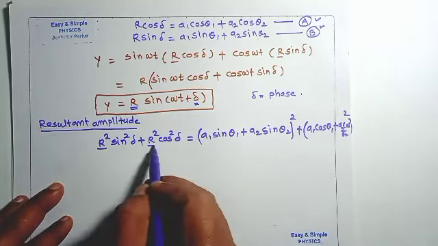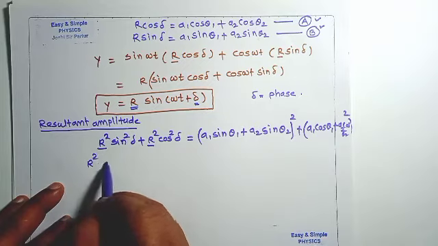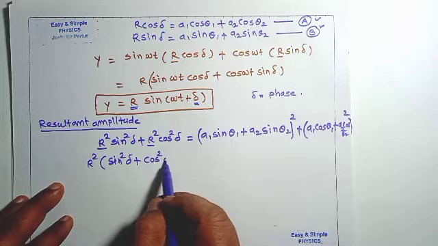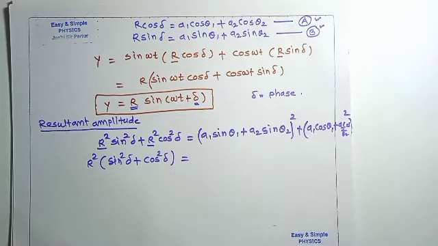R square is common, so sine square delta plus cos square delta will remain.